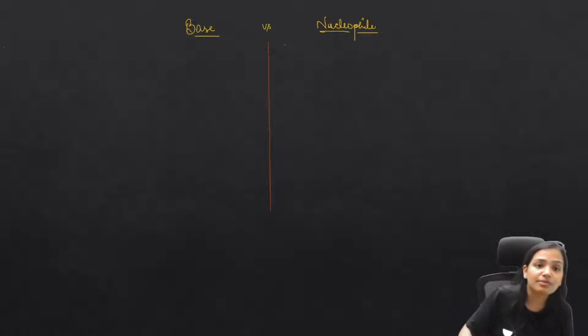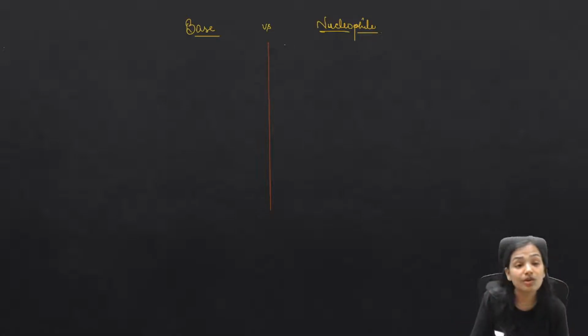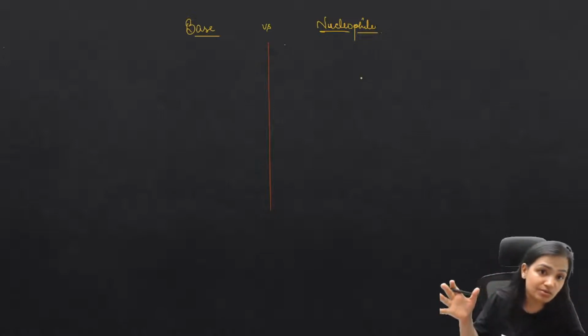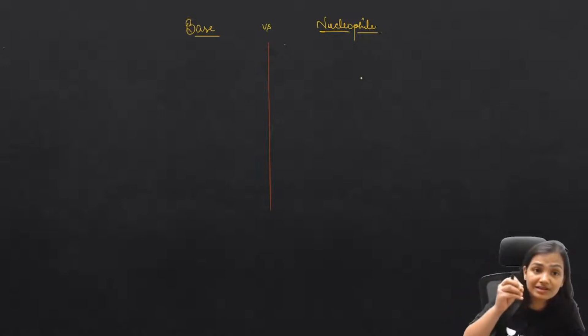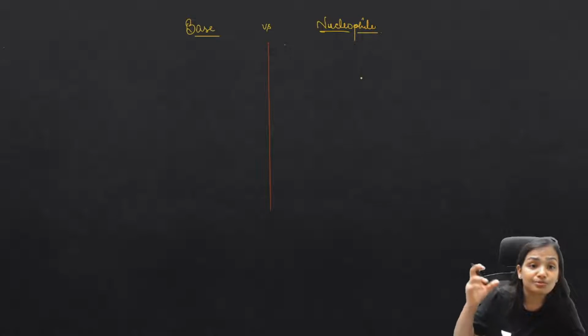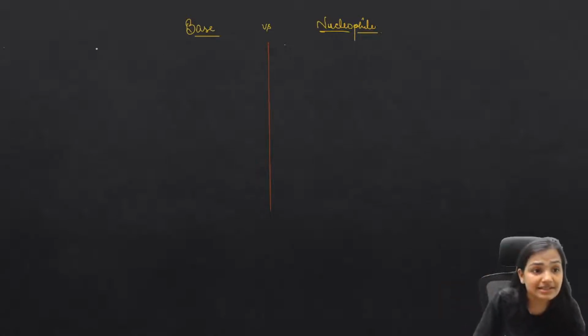Now let us talk about what is a base and what is a nucleophile. You know what a base does? A base always looks for an H positive. Please write down what I'm making you write.